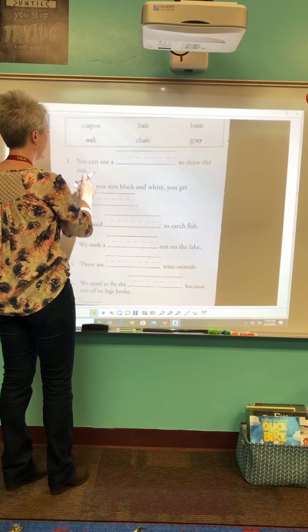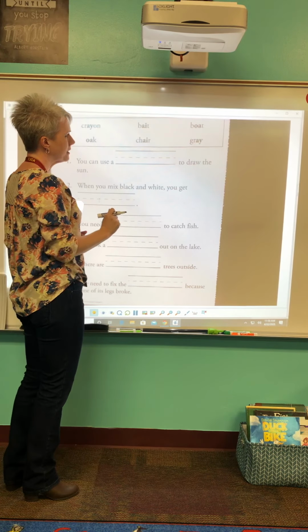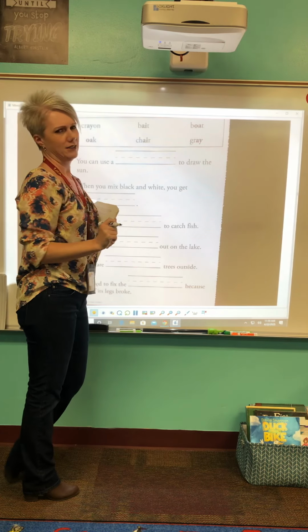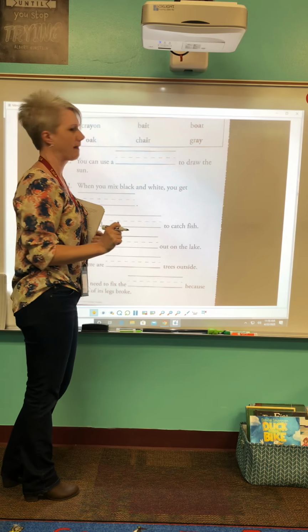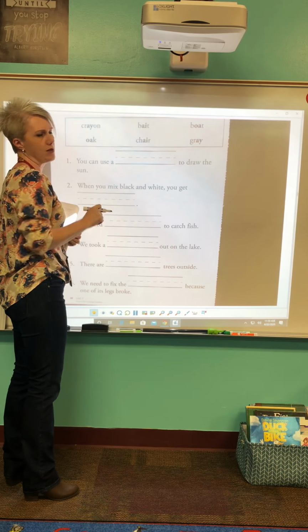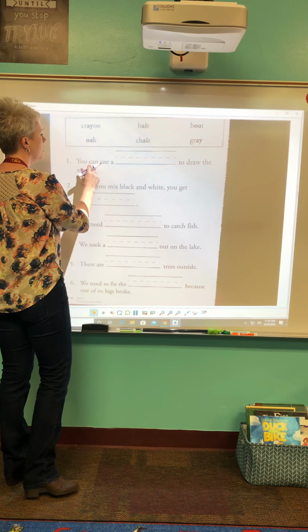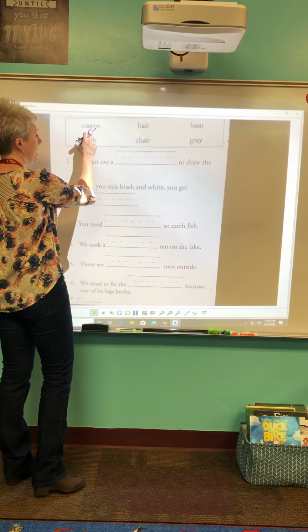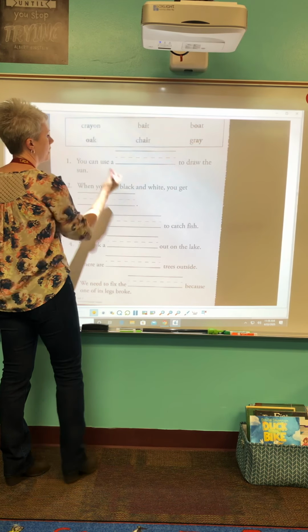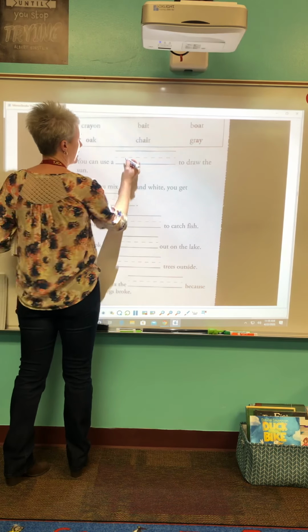No. You can use a boat to draw the sun. No. You can use a gray to draw the sun. No, I think it's crayon. Crayon makes the most sense. You can use a crayon. Crayon. So let's sound that out as we write it.